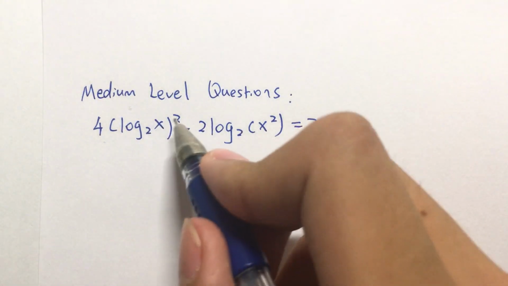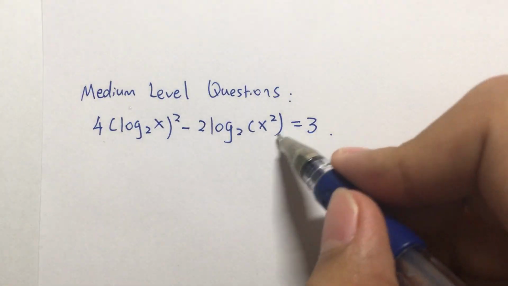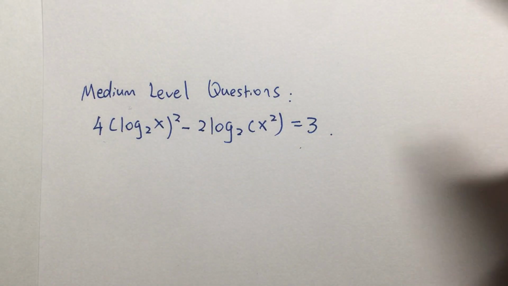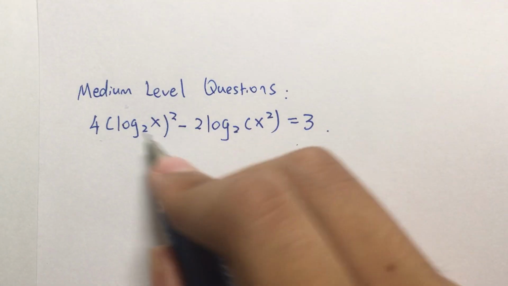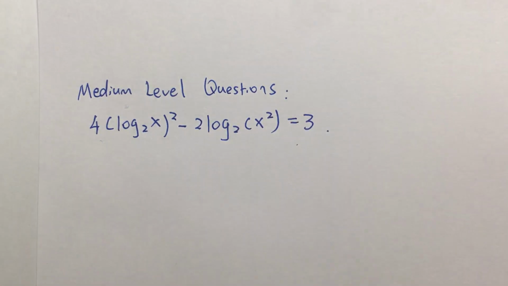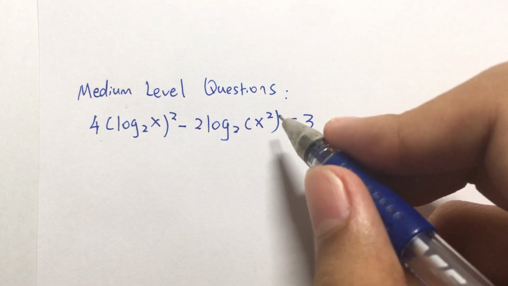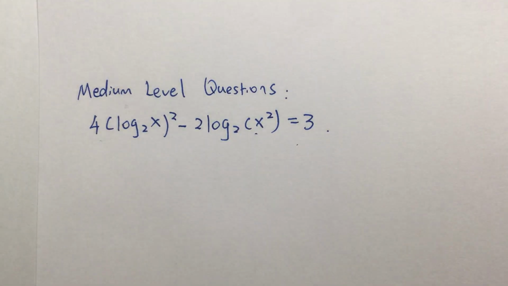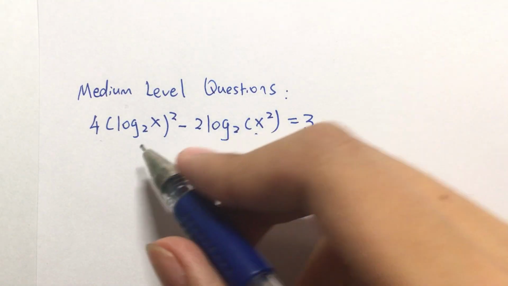Well, firstly, there is a square here, and there's also a square here, but this square is inside. So here is (log_2 x) squared, and the easiest thing I think we should do is to change this x squared into x form, so we can have the same x.